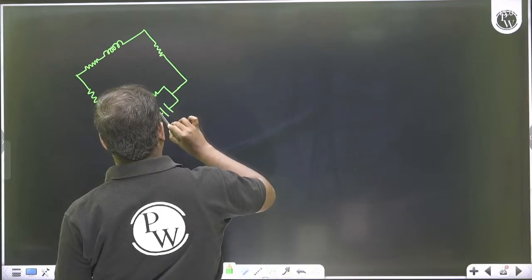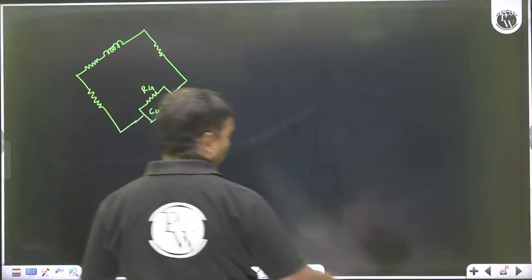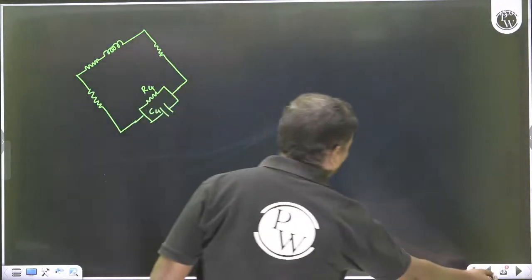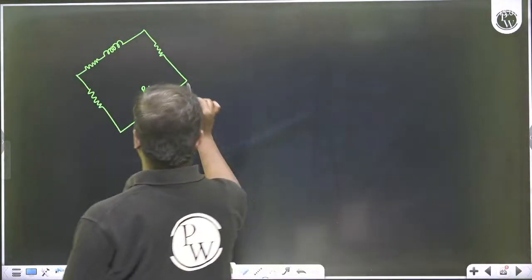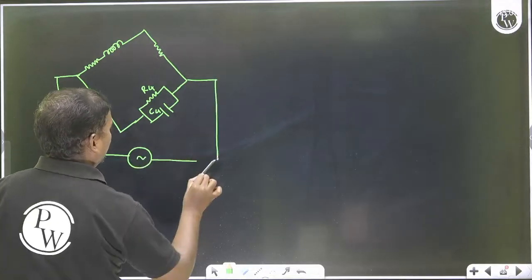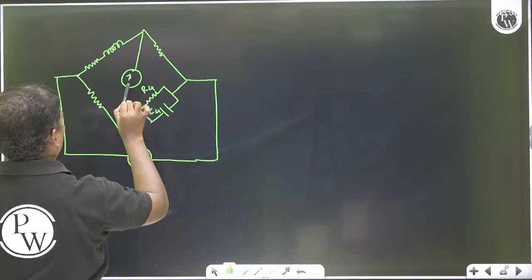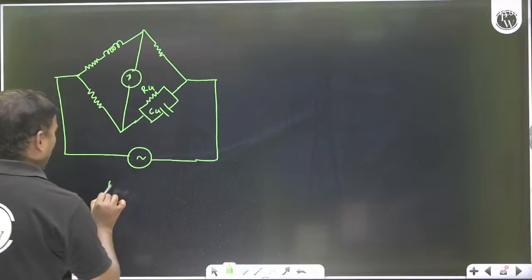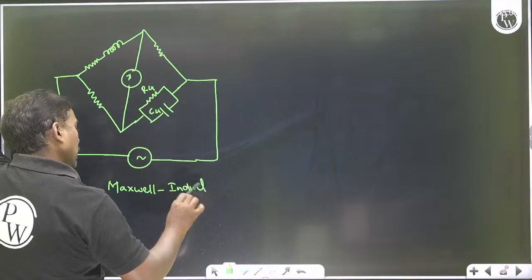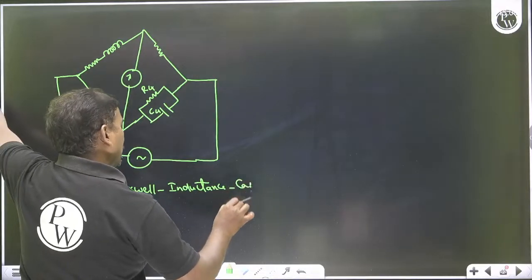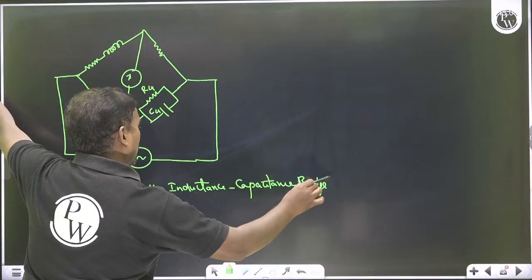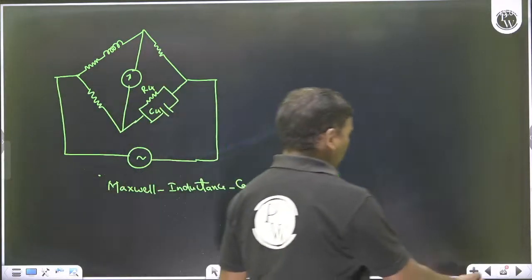Okay, so this is a bridge and this is the AC supply. So this is the detector. So it is a Maxwell inductance capacitance bridge. So what is the question asked?